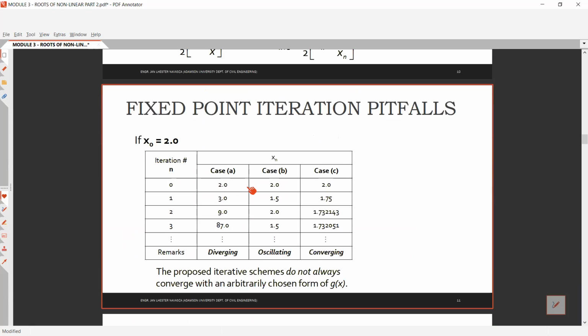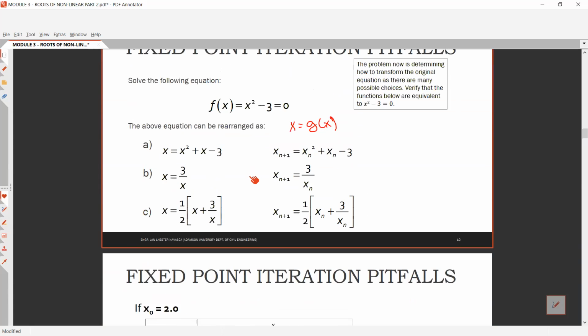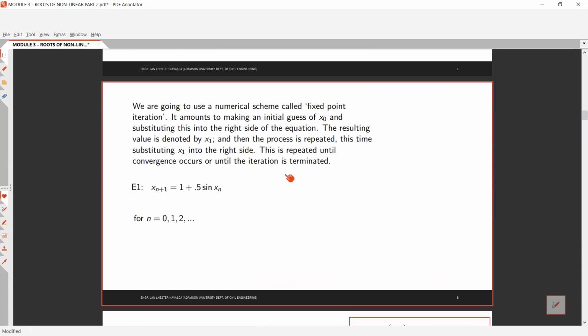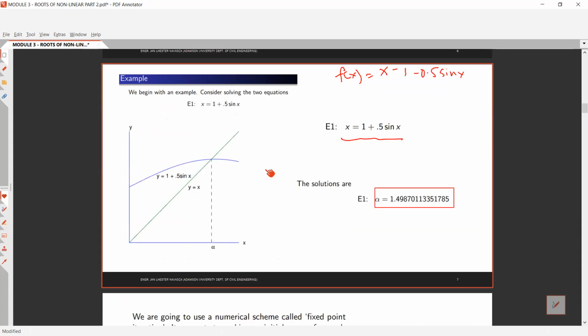For this one, you have 1/2 of x plus 3, minus 3 over x squared. When we take g prime of x, we have 0.5 cosine x.